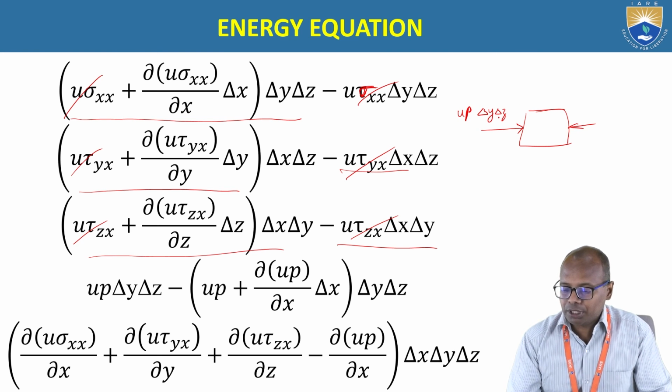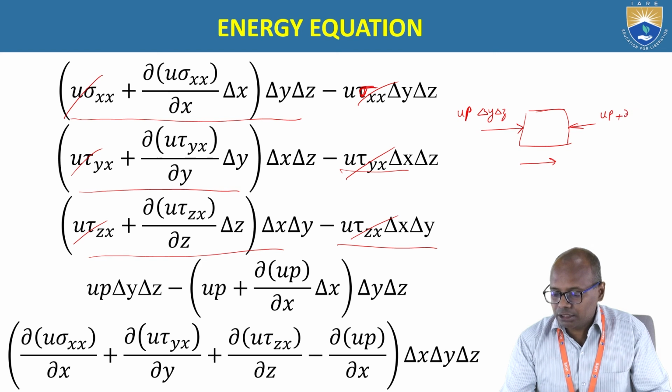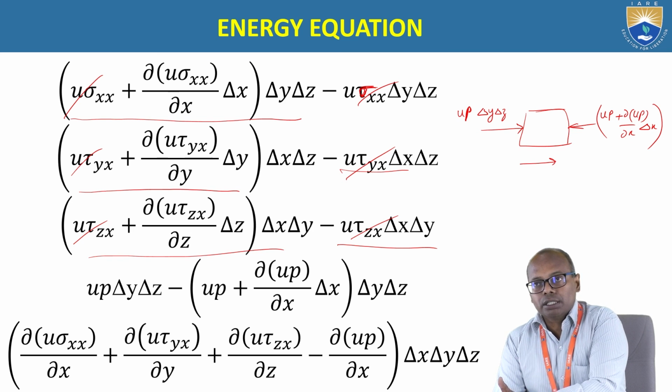Now what is the pressure in this direction? It is u into p plus, as it is changing in x direction, dou by dou x of u into p, so into delta x. So this is the net pressure on the right side.